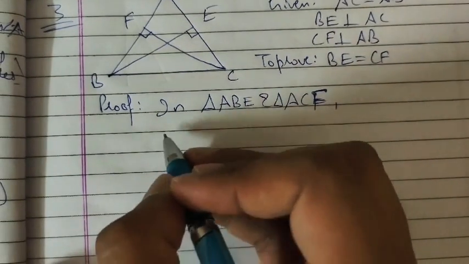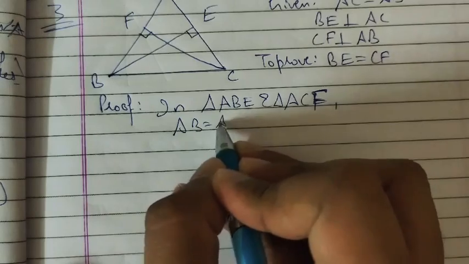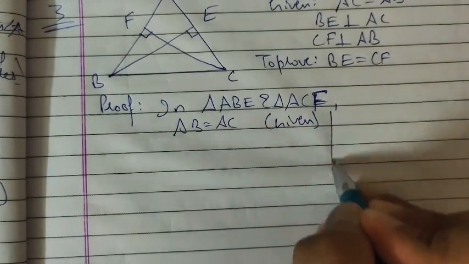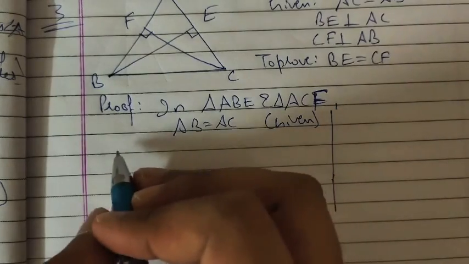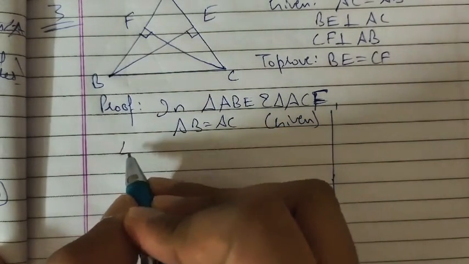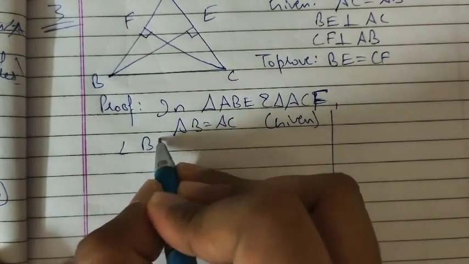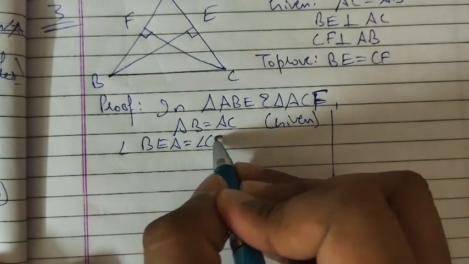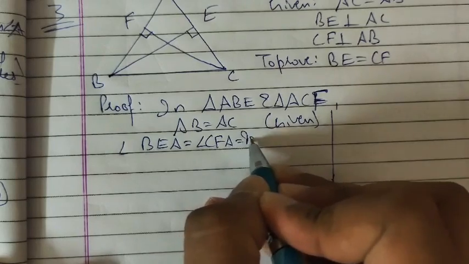We know that AB is equal to AC, given. Also we know that angle BEA is equal to angle CFA is equal to 90 degrees.